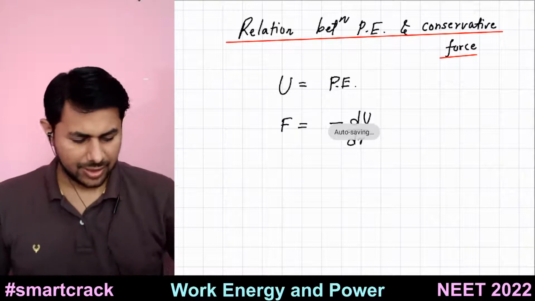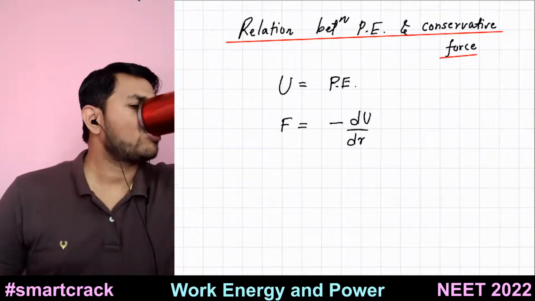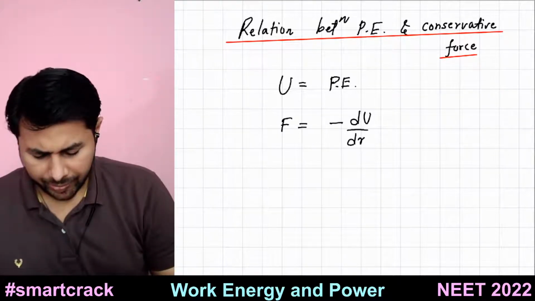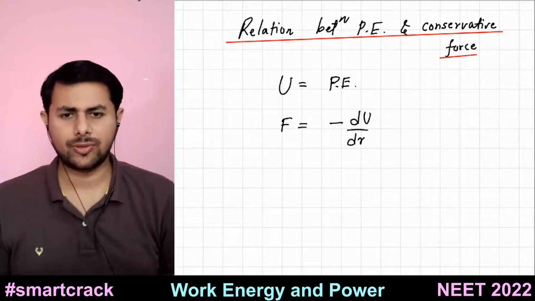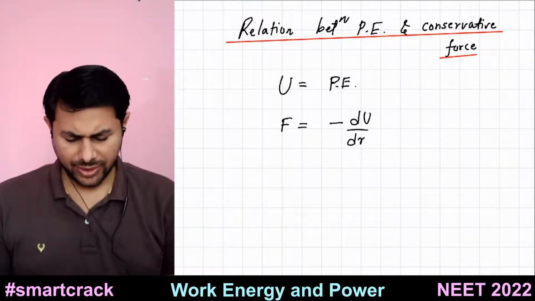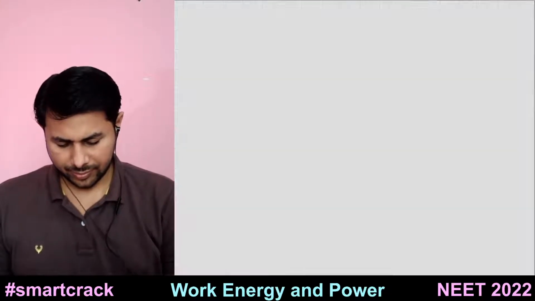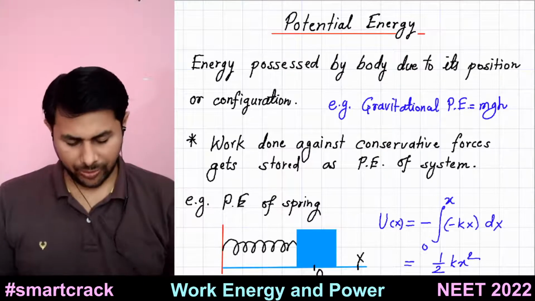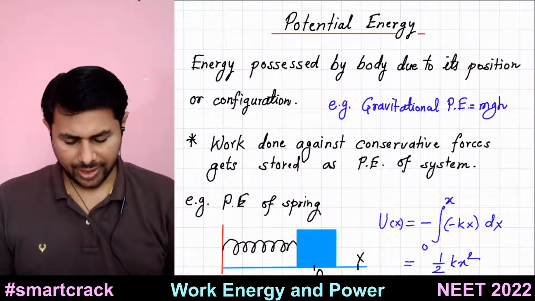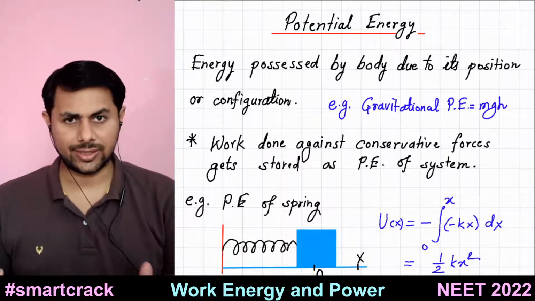The derivative with respect to position is called the gradient. We saw earlier that for a conservative force, potential energy is given by integration. It is the work done against that conservative force.